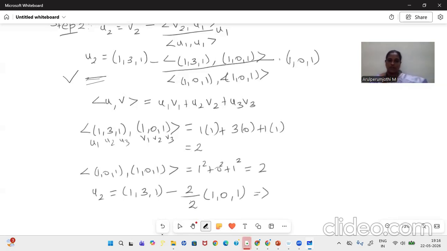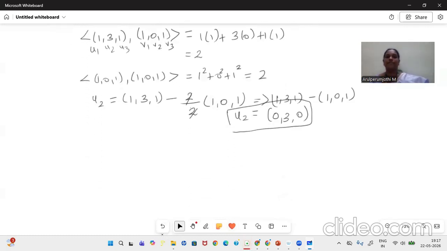When you simplify this, the 2 and 2 get cancelled, and the remaining portion is (1, 3, 1) minus (1, 0, 1). Just subtract the terms: 1 minus 1 is 0, 3 minus 0 is 3, and 1 minus 0 is 1. Hmm, so what is your U2? U2 is equal to (0, 3, 0).